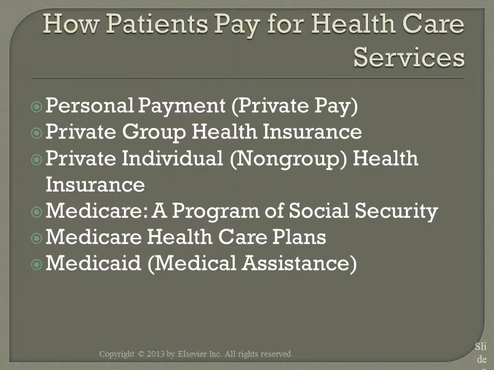Part C is the Medicare Advantage plan that's offered by private insurance companies, and it's usually geographically designed. Part D is the Medicare drug legislation that provides prescription drug coverage. Medicare does not cover everything, so beneficiaries are encouraged to purchase supplemental coverage.